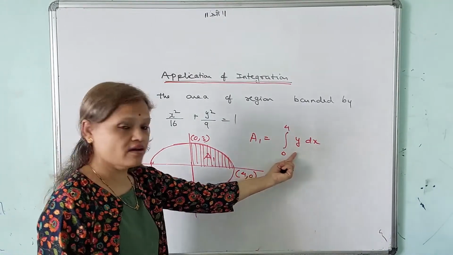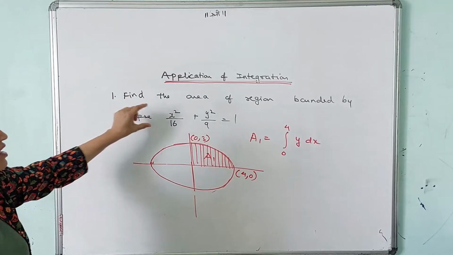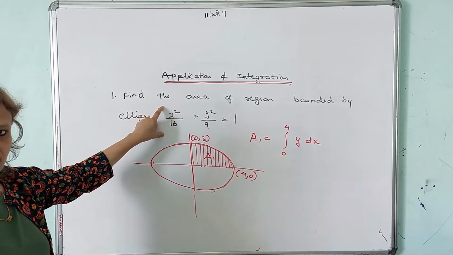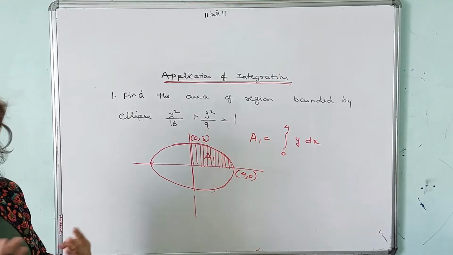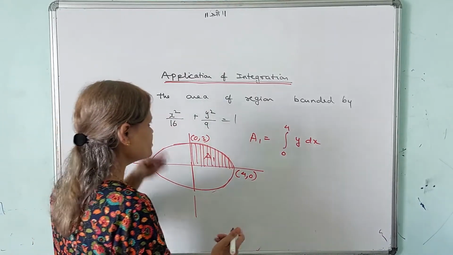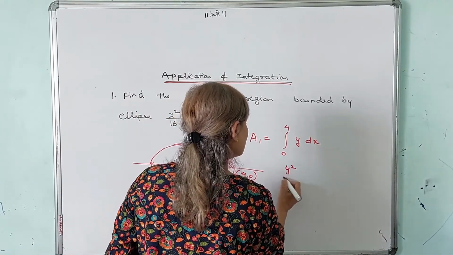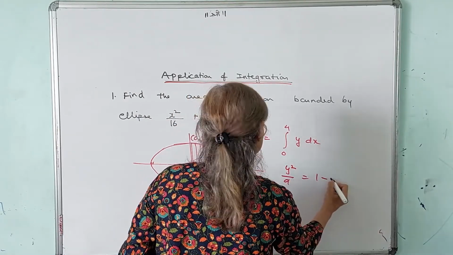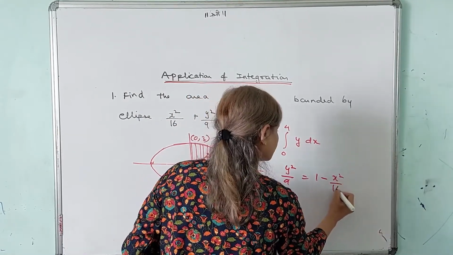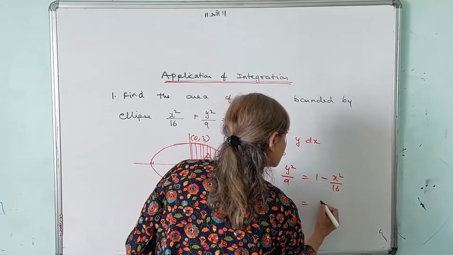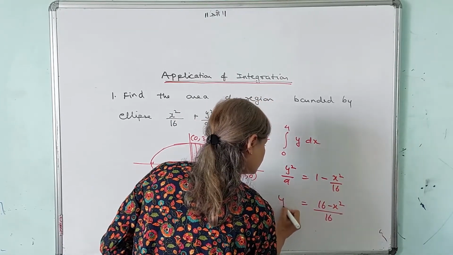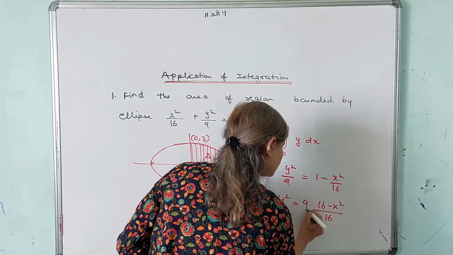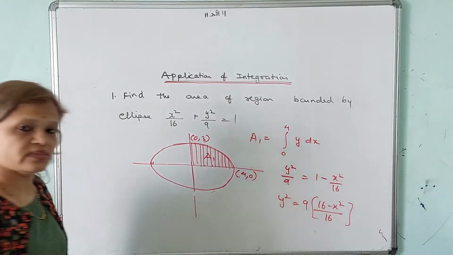Now what is this y? Y is, you have to take it from that curve which is given. So you first write this in the form of y, substitute here and do the integration. So from this now, what will be y square? This will be y square.